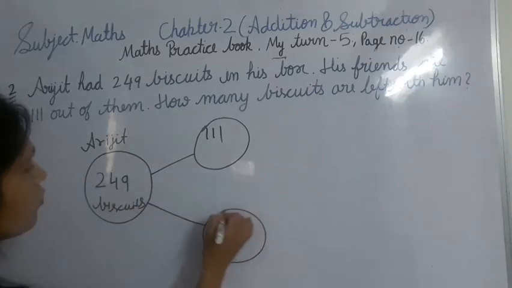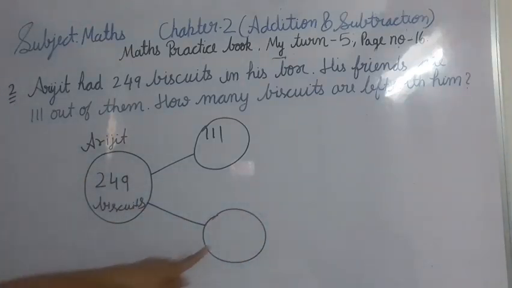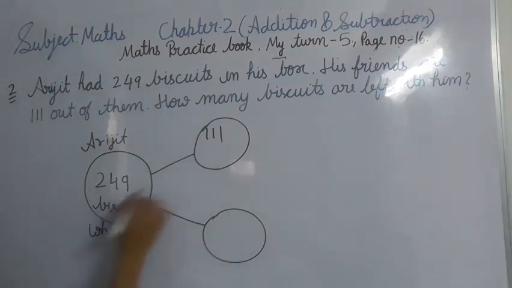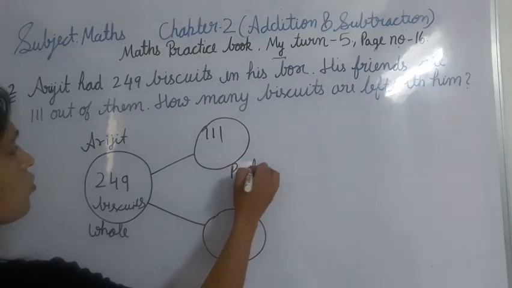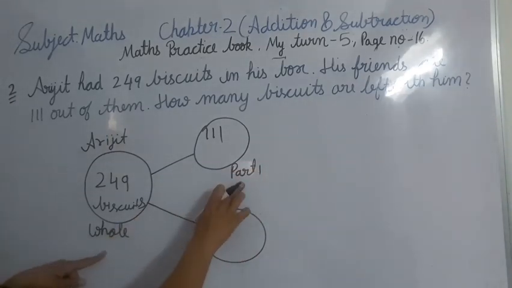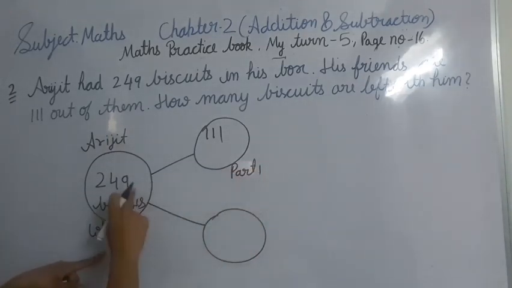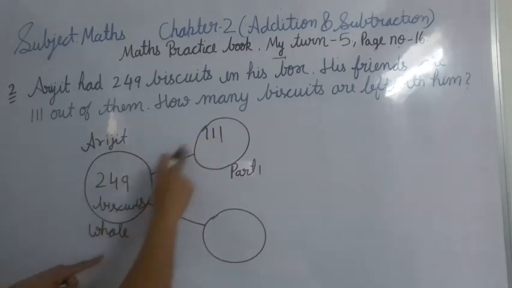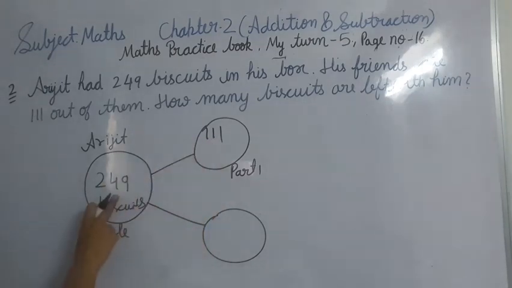So we need to do subtraction. To find the second part, this is the whole total of biscuits and this is part 1. We know the whole and part 1, so how do we find part 2? We need to take out part 1, it means we subtract part 1 from the whole.